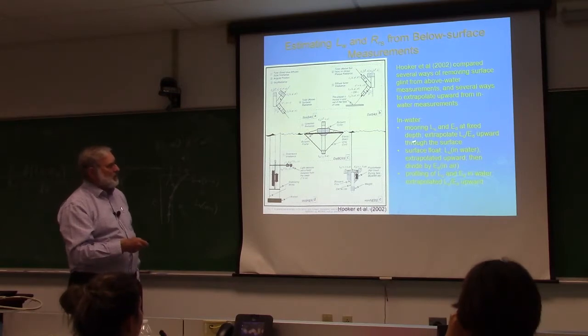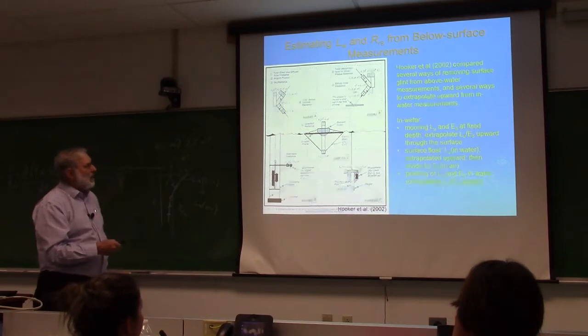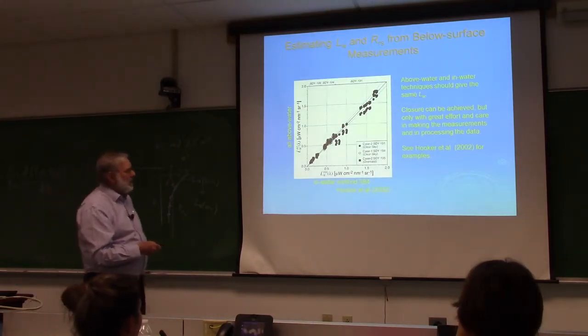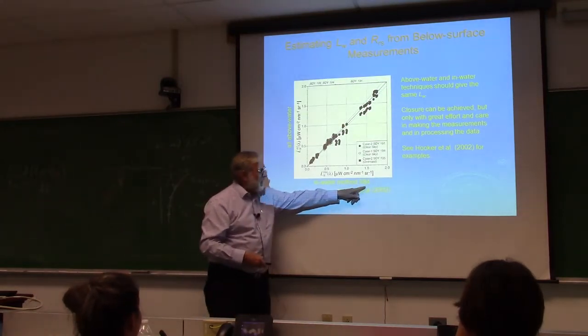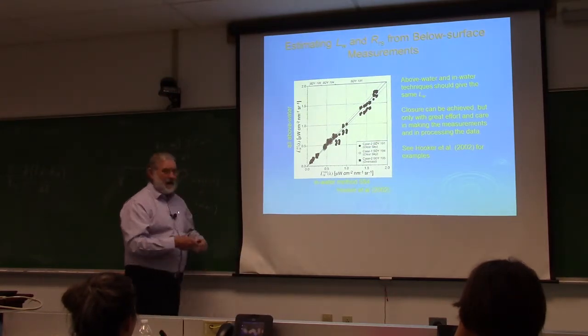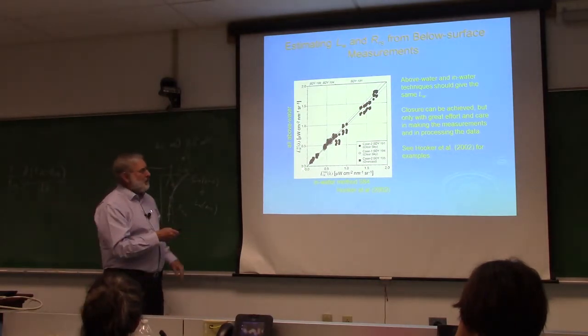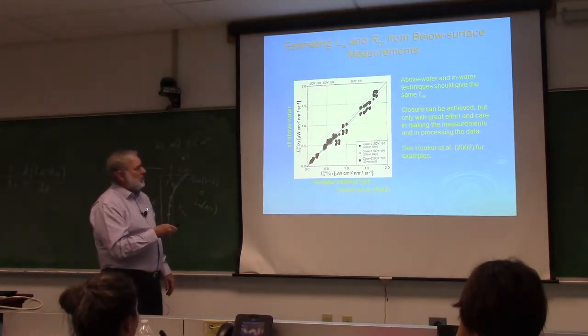They used moorings, they used profiles, they used floats, etc. And then here's a plot. Here's one of their in-water methods versus the above-water methods. And if you're really, really careful and you do everything right, you can get pretty good agreement between them.